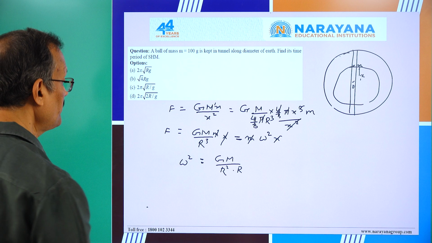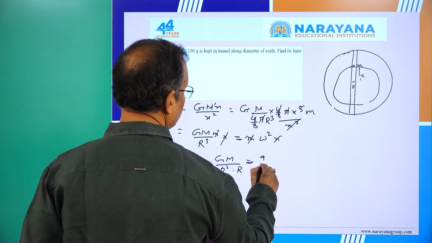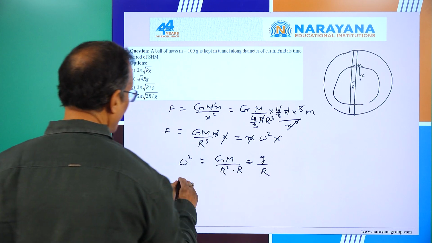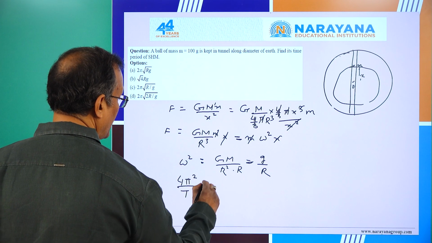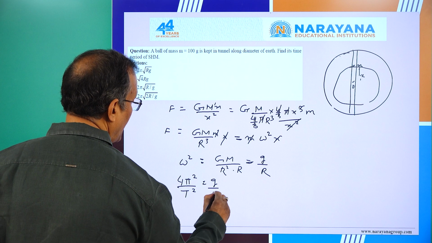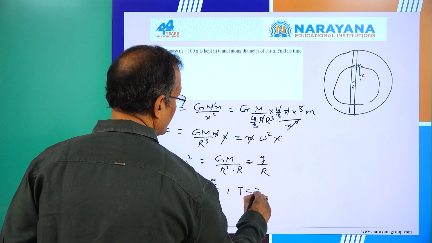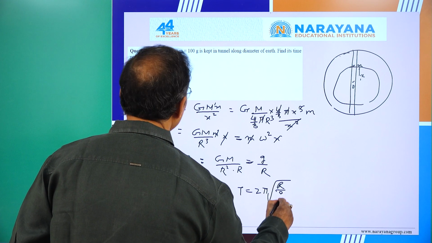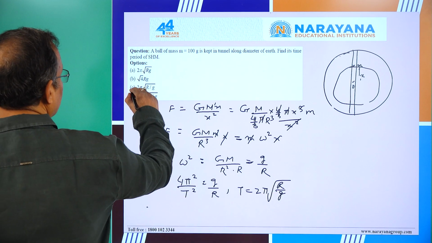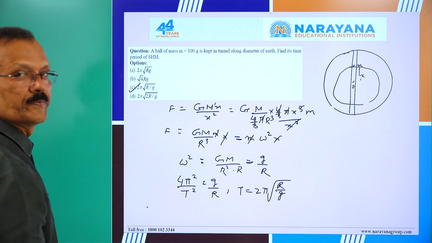Now GM by r squared is g, so it is g by r. Omega squared is 4 pi squared by T squared. This is g by r, so T will be equal to 2 pi under root r by g. So your answer is here C.